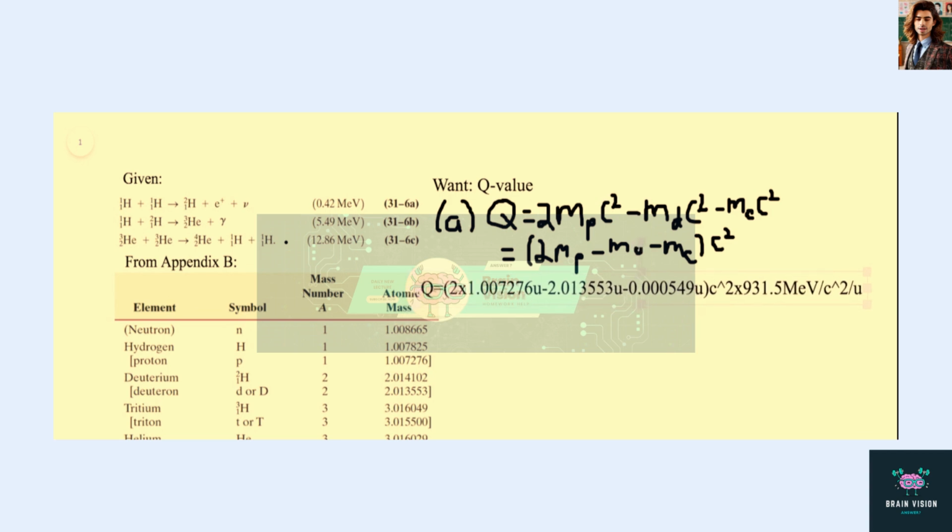And so you can check that the units all cancel out to give us the result in mega electron volts. And you can put that into a calculator and verify that it does in fact equal close to 0.42 mega electron volts. Equals approximately, I'll do a curly equal here.